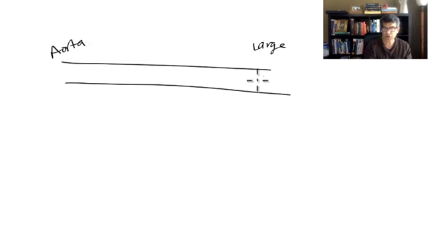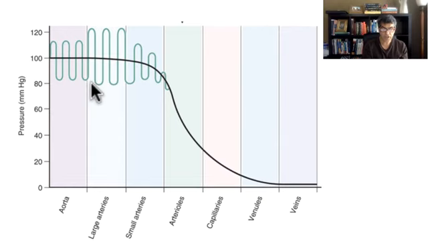If systolic blood pressure here is higher than here, how is blood going to move from the aorta to the large artery if the systolic pressure here is larger? Well, the answer is diastolic pressure is lower too. So systolic pressure went up, diastolic pressure went down. Therefore, the pulse pressure is bigger in the large artery compared to the aorta.